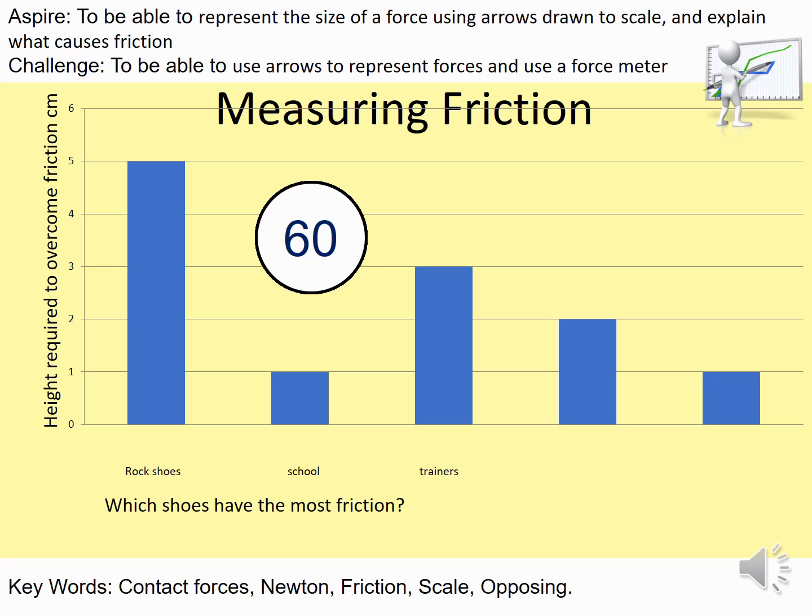So I'd like you to start off with a sentence, for example, I found that, and then just write down which shoe had the most friction with the word because afterwards, and just tell me about the height that you lifted it to, and then do the same for the other shoes that you have, finishing off with the least friction shoe that you have on there. So you've got 60 seconds just to see if you can write a quick couple of lines of a conclusion under your table.